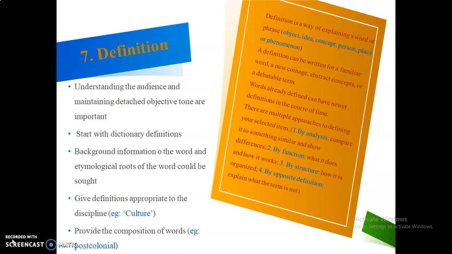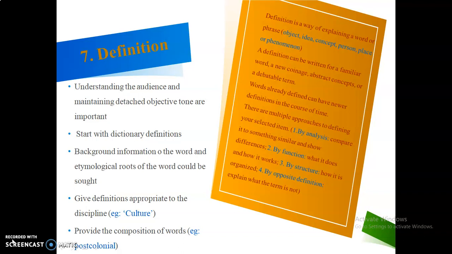So that is what we understand by the term etymology or etymological roots. And also, you have to give a definition appropriate to the discipline. For example, culture in social science or humanities or in cultural studies means something related to our social life, right?